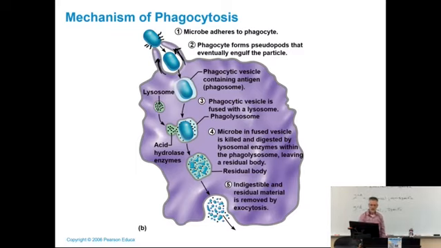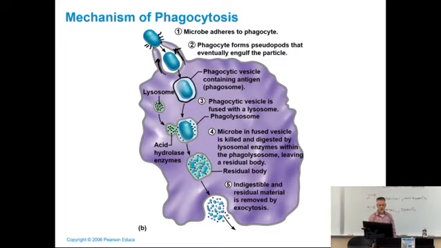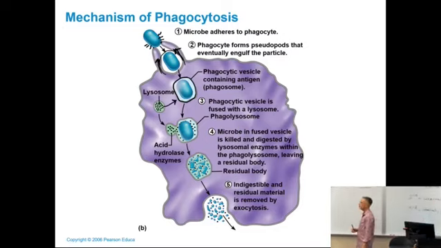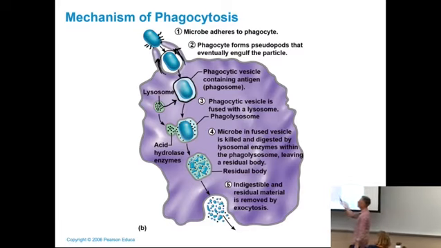So it reaches out, latches onto it, brings it inside, and you can see that it's now wrapped with a piece of that membrane, right? So we've enclosed it with a pinched off piece of the cell membrane, and now we're going to combine it with these lysosomes which have digestive enzymes in them. And once we combine them with those digestive enzymes, it's basically going to digest that pathogen.